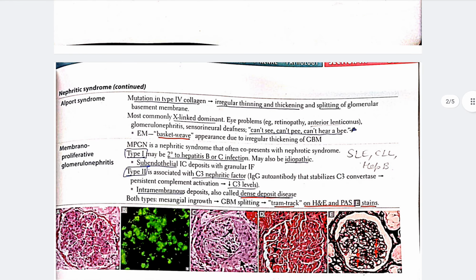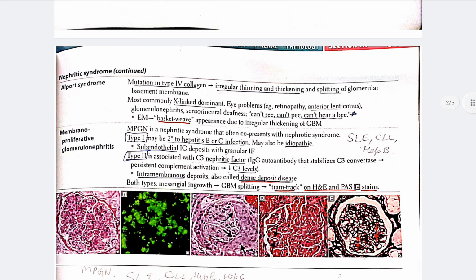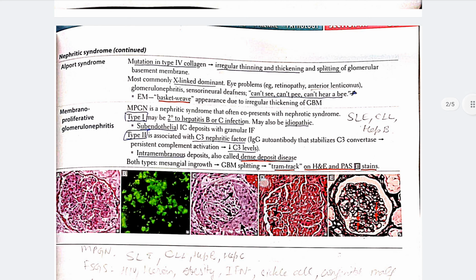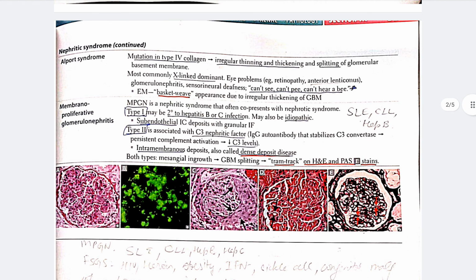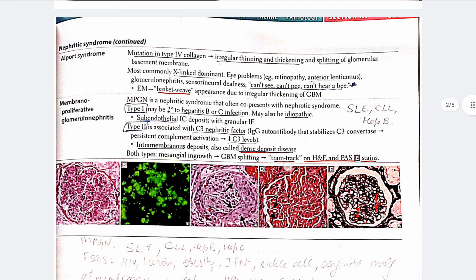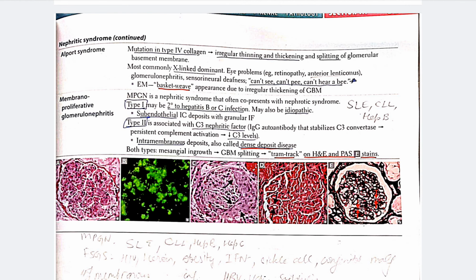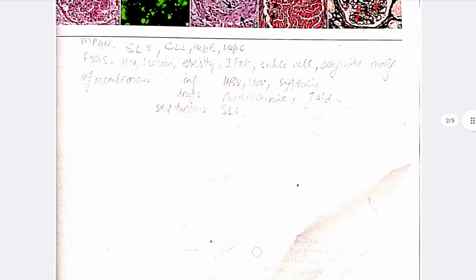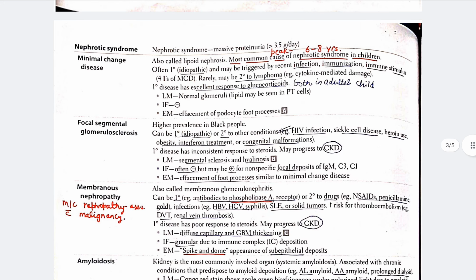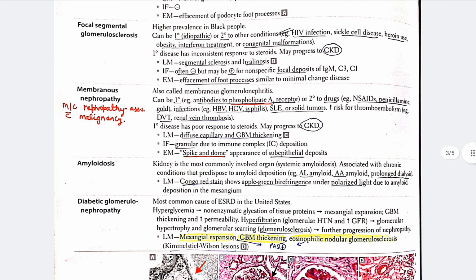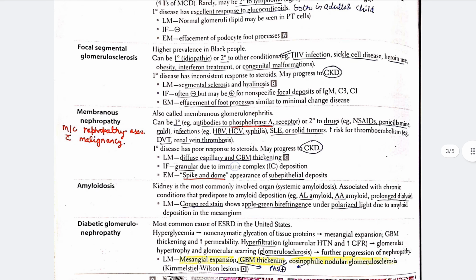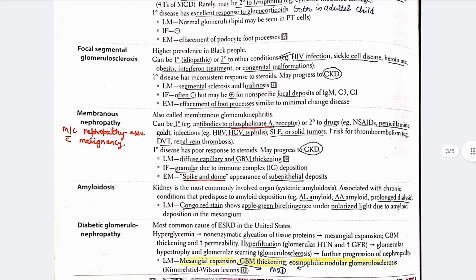Then in Alport's, basket weave. And in membranoproliferative, if proliferation of membrane is occurring, then dense deposit and tram track. Okay, membrane is proliferating, then the dense deposits are on the tram tracks. And if there is minimal change, nothing is there, then classical is spike and dome. Spike and dome in membranous and dense deposit on tram track in membranoproliferative.